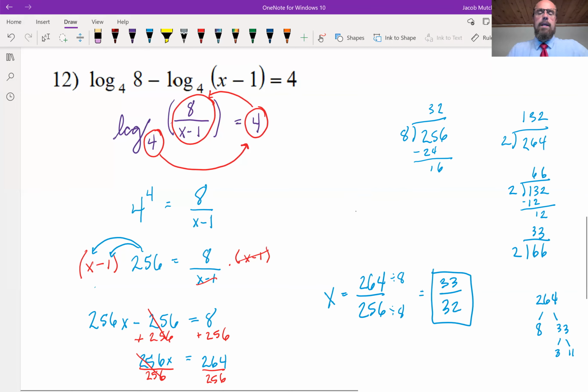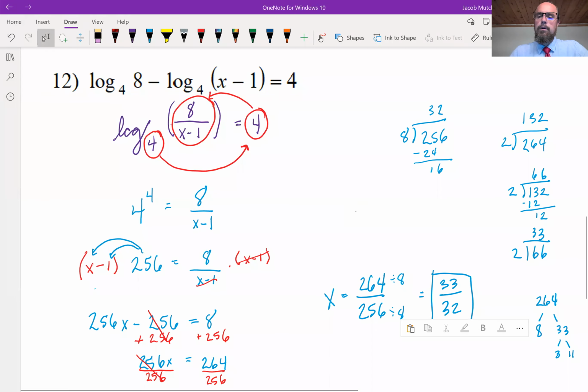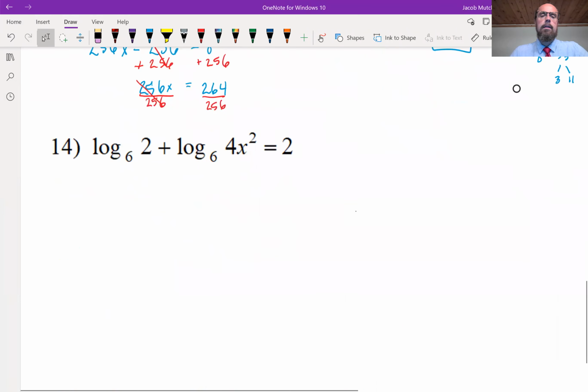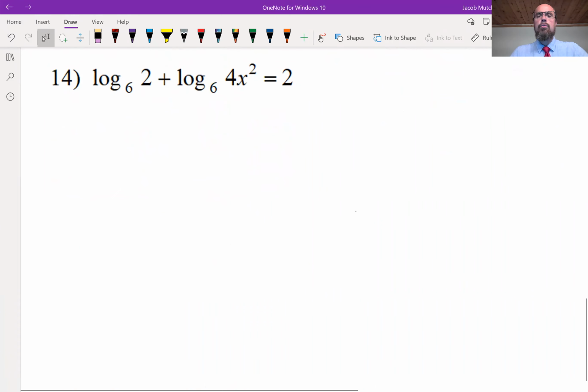So that was an example of an equation where I combined logarithms that were presented in a difference. It converted to a quotient. Let's take a look at one last example that involves two logarithms that are a sum. Here I have log base 6 of 2 plus log base 6 of 4x squared equals 2.